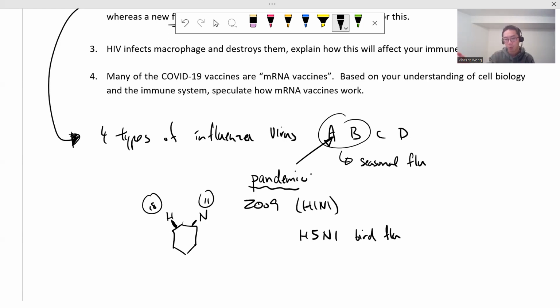Some are more likely to cause severe outbreaks than others, and so every year the World Health Organization monitors the trends of how these viruses are behaving, how they're mutating, and they determine the top 3 strains of flu virus that are going to be circulating in the upcoming season.